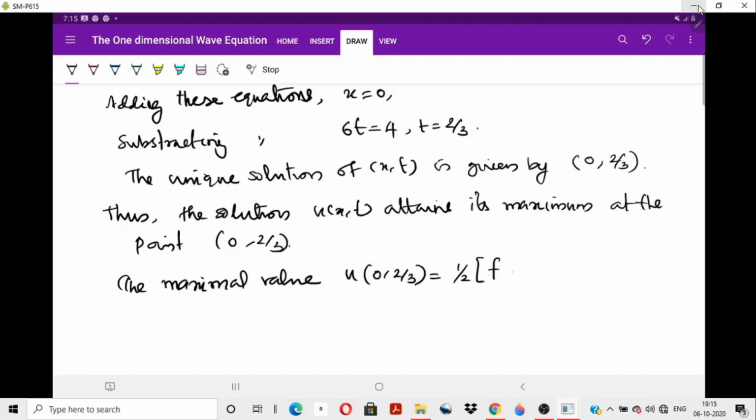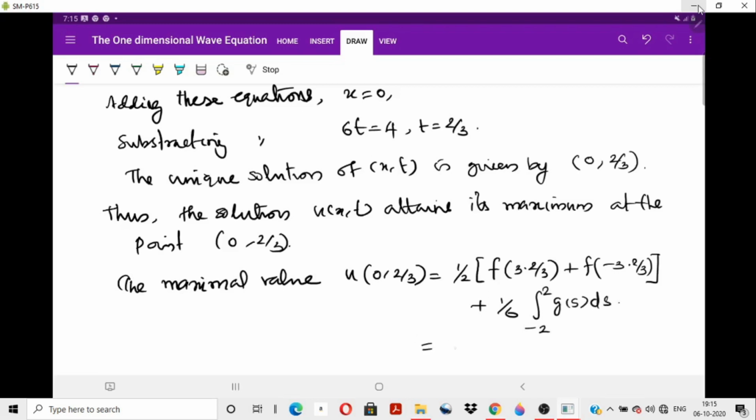f of x plus 3t, with x as 0, that is 3 into 2 by 3, plus f of minus 3 into 2 by 3, plus 1 by 2 into 3, that is 1 by 6, into the integral from x minus 3t, that is 0 minus 2 by 3 into 3, that is minus 2, to 2 of g of s ds.